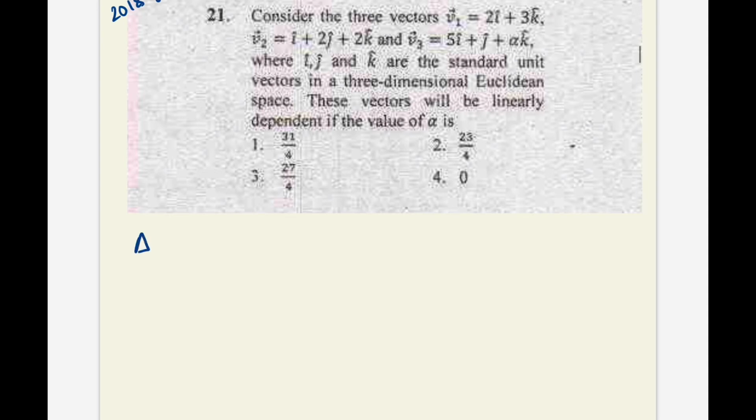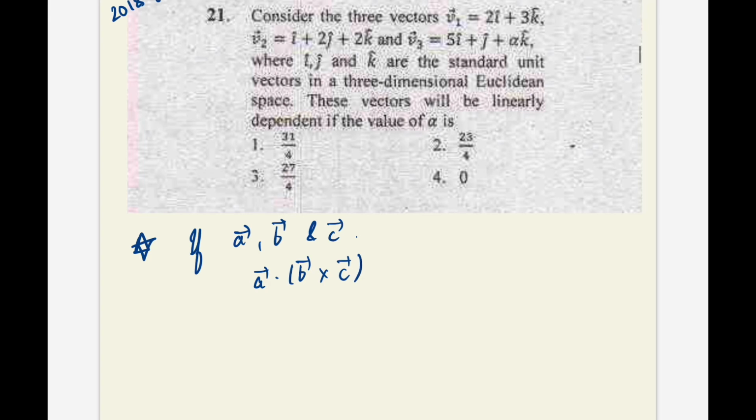Now, another concept which has to be memorized. So if there are three vectors, suppose they are A, B, and C, then for them to be linearly dependent or linearly independent, the condition is as follows: A dot B cross C.